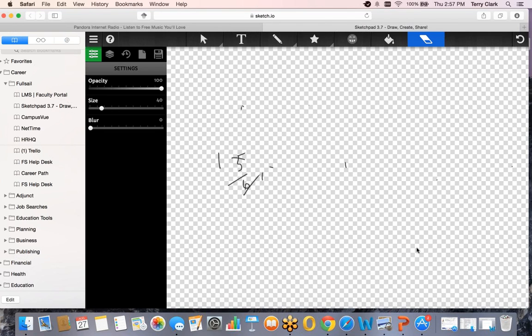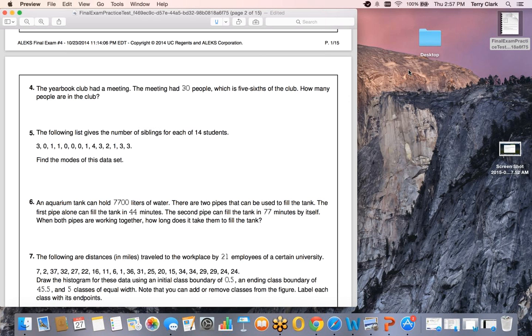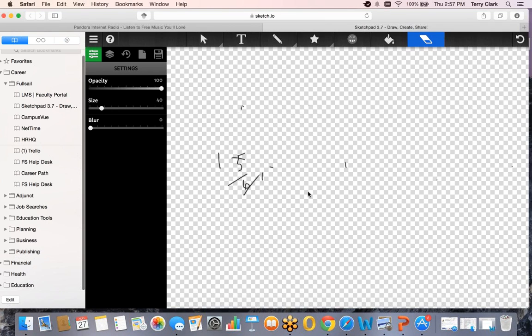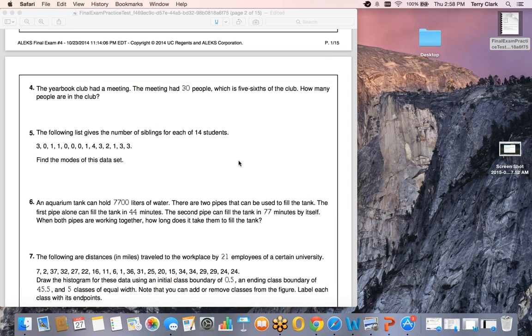All right, let's look at the next problem. In this problem, they want us to find the mode. So see if you can find the mode, the mean, median, mode. I think they only asked for the mode, but those three things normally go hand in hand. Mean, median, and mode. It's statistics.